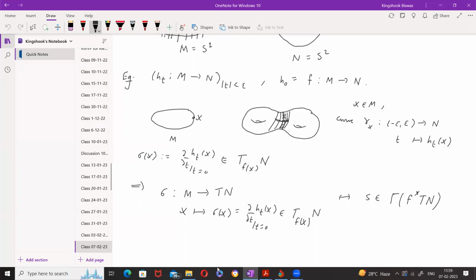So this section of the pullback of the tangent bundle, what is it giving me? It's giving me a way to deform the map F. It's giving me a direction at each point in which to deform the map F.